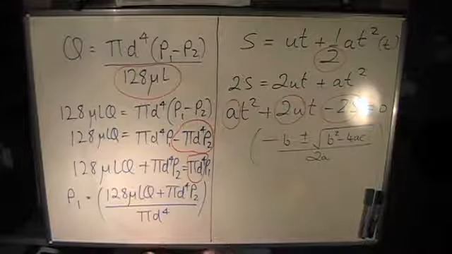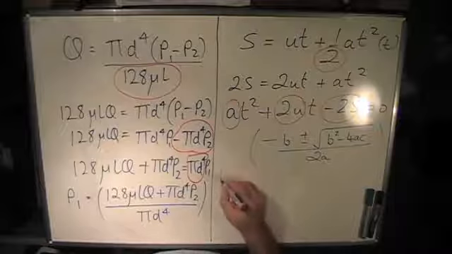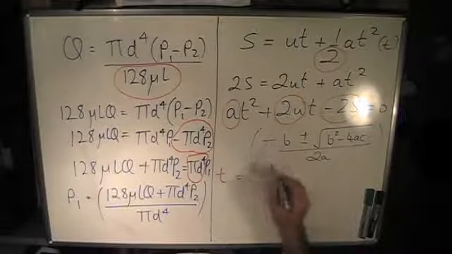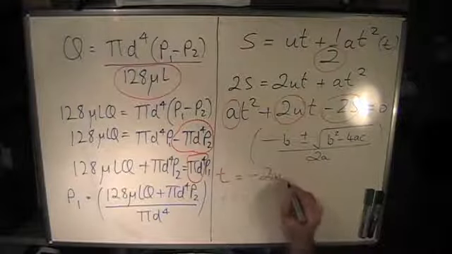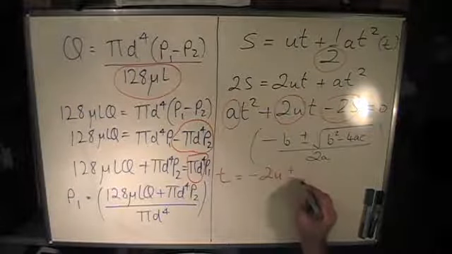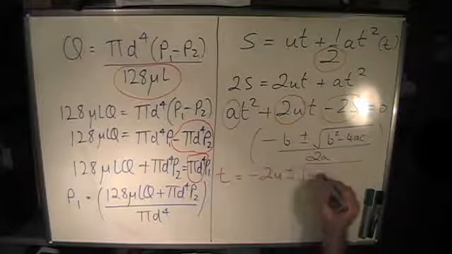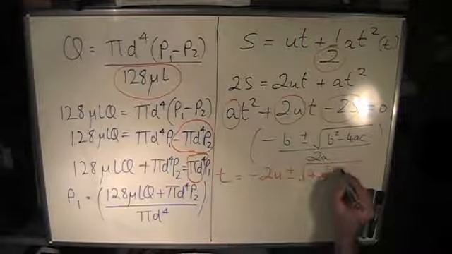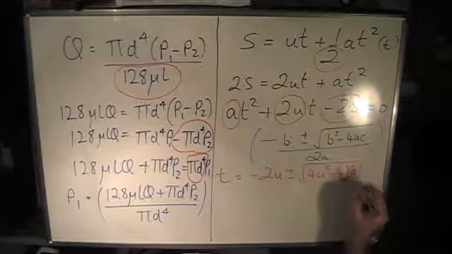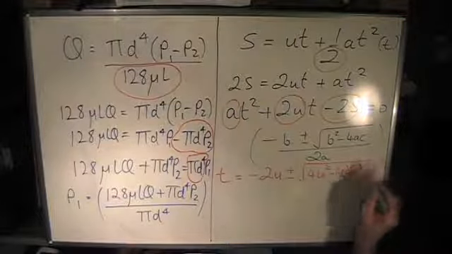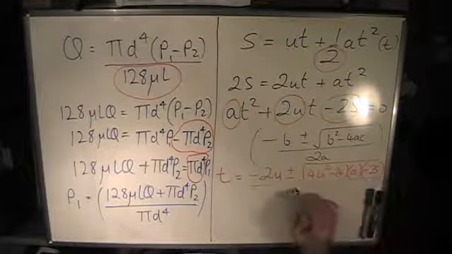So in this case, you're going to say that t equals minus b, which is minus 2u, plus or minus the square root of b squared minus 4ac all over 2a.